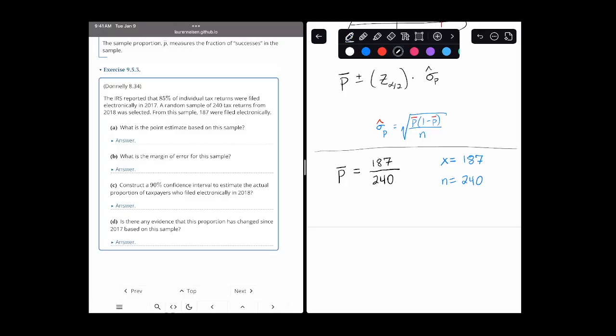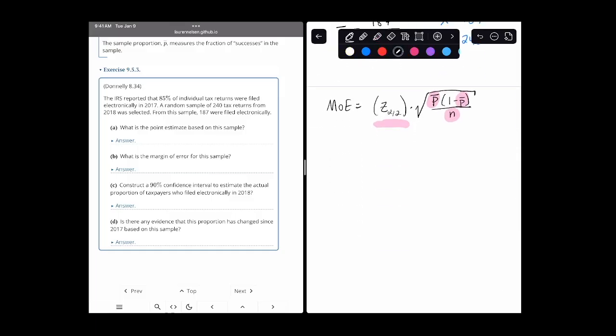Part B asks for the margin of error. The margin of error is going to be our z value times this standard error estimate, which is the square root of p bar times 1 minus p bar all over n. We already know what n is, we already know what p bar is, so what we need to figure out is this z value.